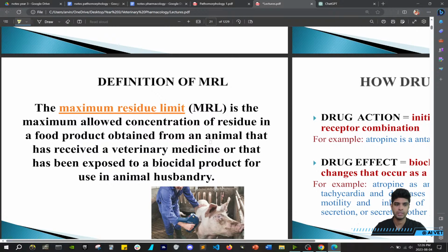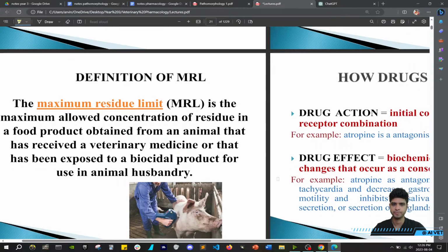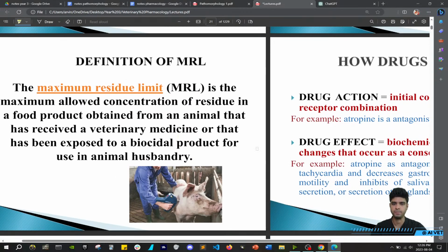I do not know the units yet. So how much quantity is present? There is a maximum allowable limit. If it crosses a certain threshold, then it is probably very dangerous for humans to consume, or for any sort of consumption.